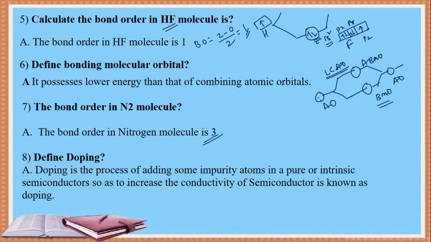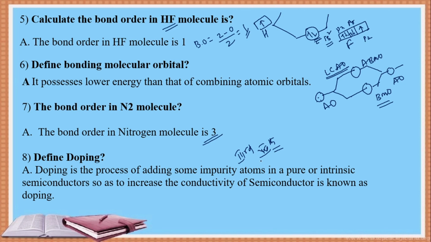Clear? Right. So define doping. Doping is the process of adding some impurity atoms. Here we are adding impurities like third group elements and fifth group elements. The addition of impurities increases the conductivity in a semiconductor. There are two ways: one is an increase in temperature, which increases the conductivity in a semiconductor. The other is adding impurities to the intrinsic or pure semiconductor.